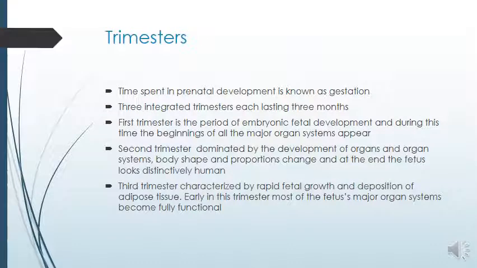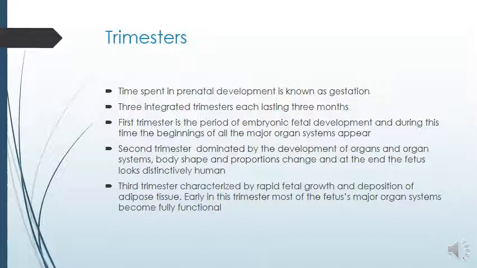The time that's spent in prenatal development is known as gestation. There are 3 integrated trimesters, each lasting 3 months. The first trimester is the period of embryonic fetal development, and during this time, the beginnings of all the major organ systems appear.